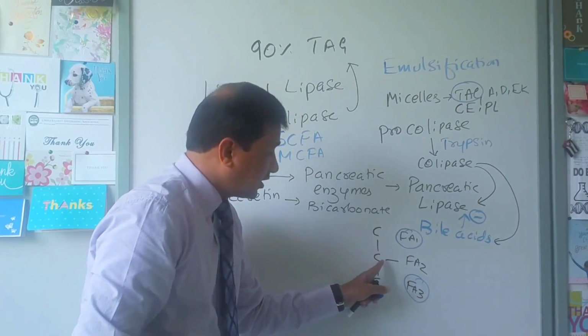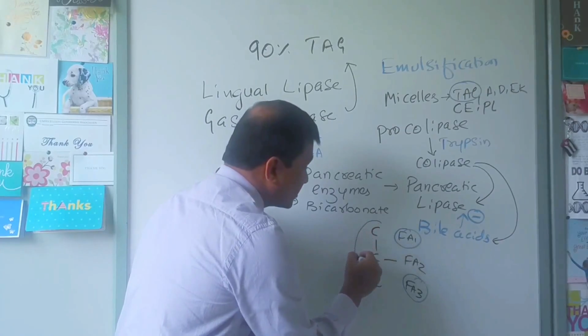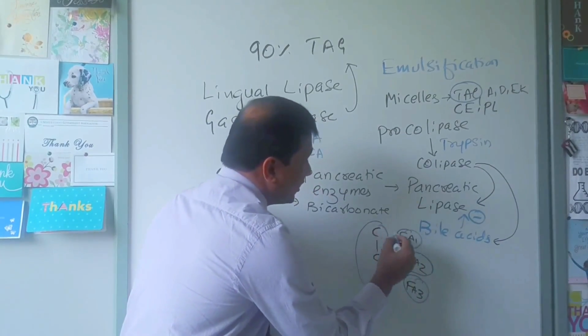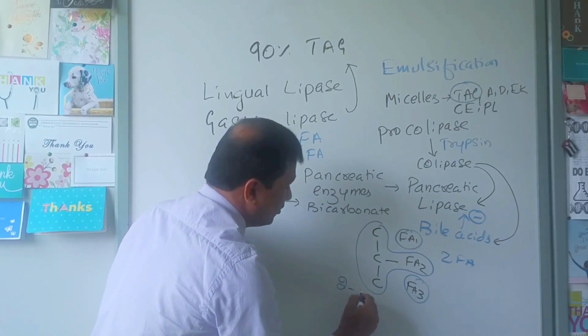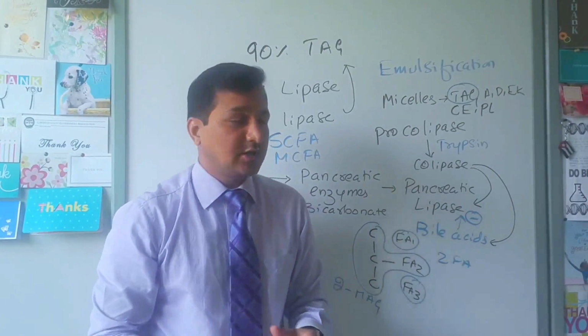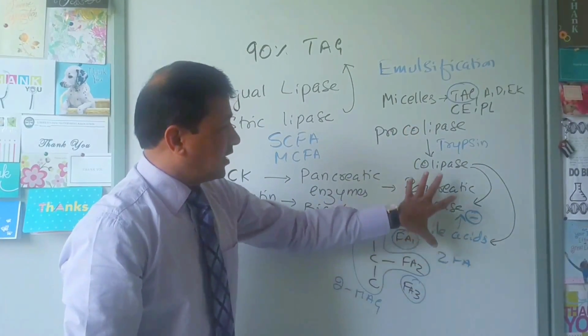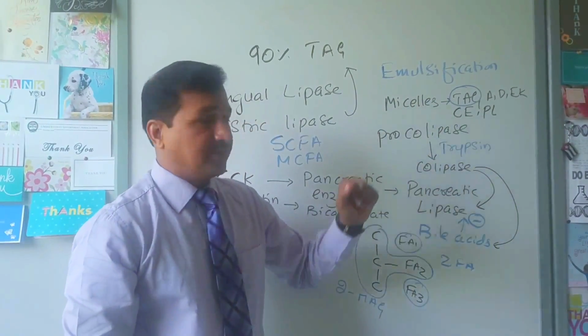It's not going to work on the fatty acid attached to the second carbon. So at the end of the action of pancreatic lipase, you are going to get 2 fatty acids and 1 molecule of 2-monoacylglycerol. This is the digestive product of triacylglycerol in the presence of pancreatic lipase with colipase, and that will be there in the micelle.